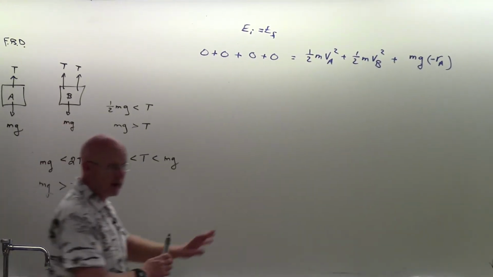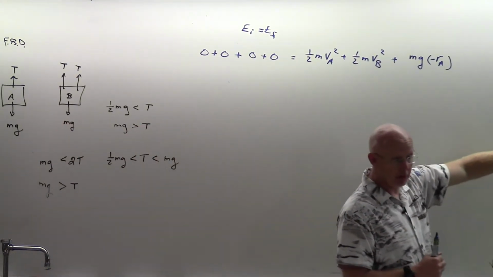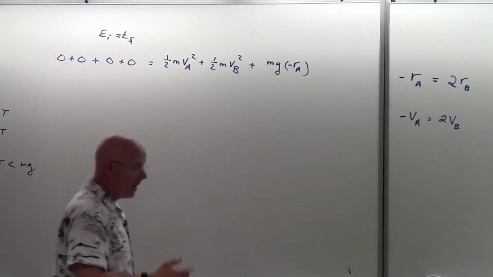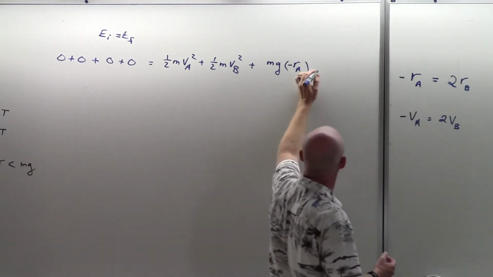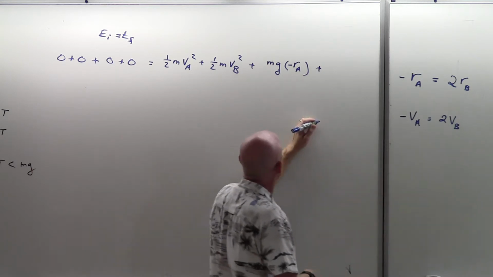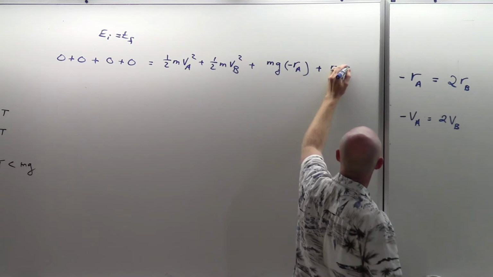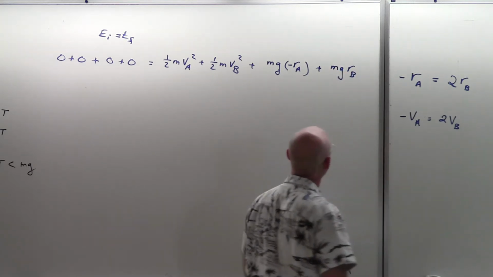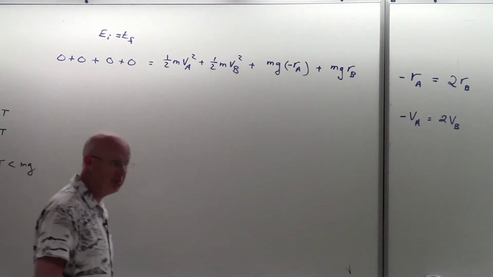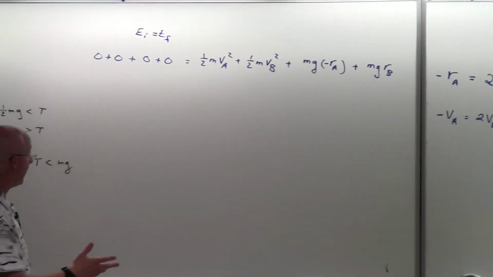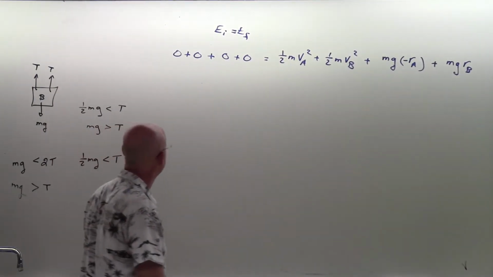Right now I have them separate, but you're right, I am going to put them together and get like terms out of them when I'm solving it. And likewise here, I would just write out the potential energy of block A, and I would also write out the potential energy of block B. So A went down by some number, and B went up by some number.